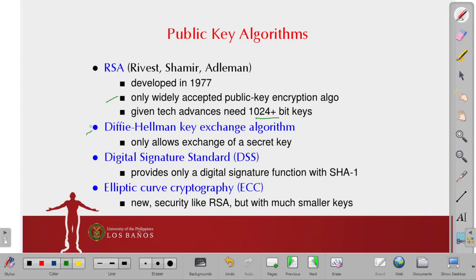Then we have the Diffie-Hellman key exchange algorithm, which allows the exchange of a secret key. We have the digital signature standard and elliptic curve cryptography. The main characteristic of elliptic curve cryptography is smaller keys.